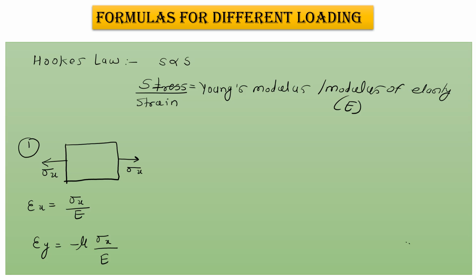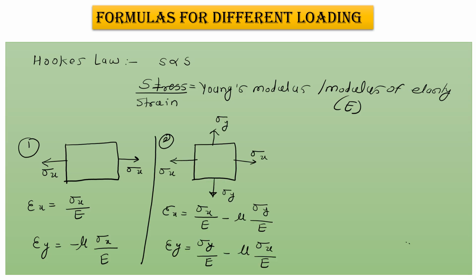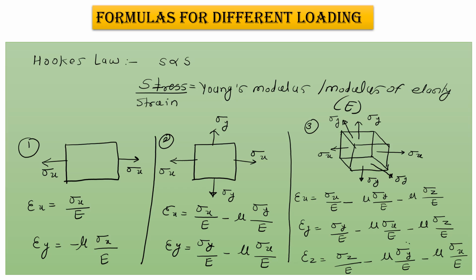The next case, if the loading is applied on two sides, in x and y direction, then these are the formulas of strain about x-axis and strain about y-axis. Then the third condition, if force is applied on three sides, meaning x, y and z, so in all three directions the forces are applied, then these are the formulas for the strains in the x direction, y direction and z direction.